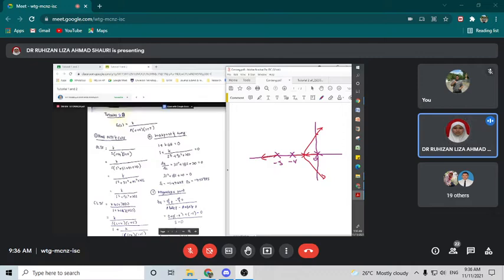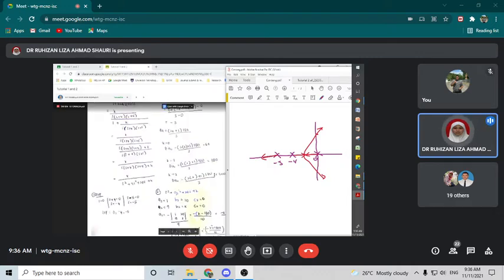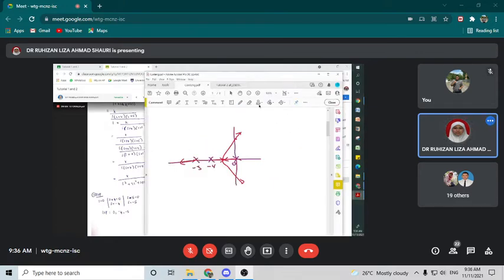Now the asymptote angles 60, 180, 300, centroid minus 3. So you mark minus 3 there, and for me it's better to use a different color here. Minus 3 is there.